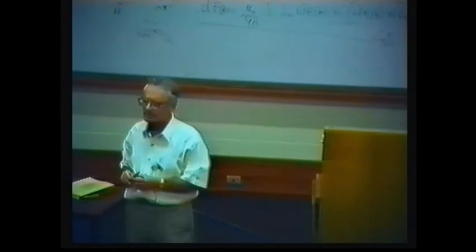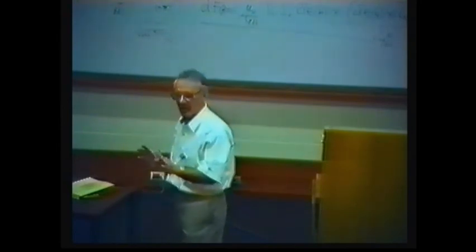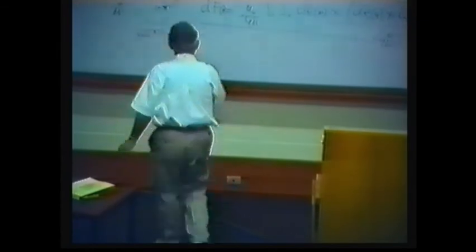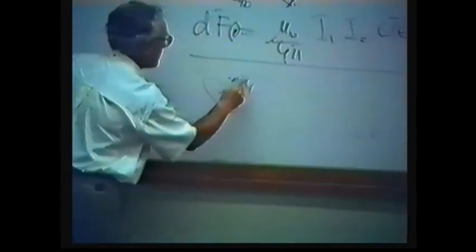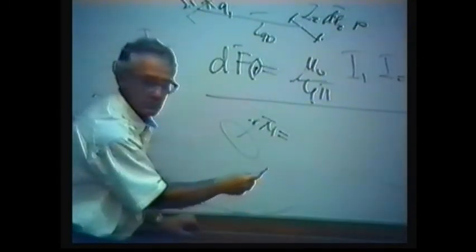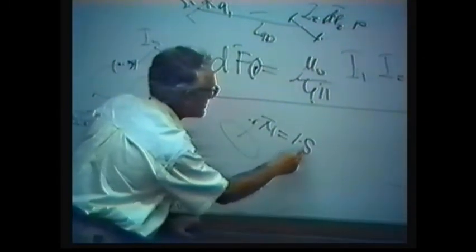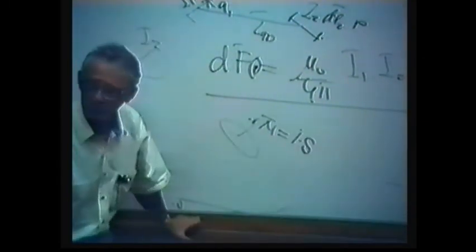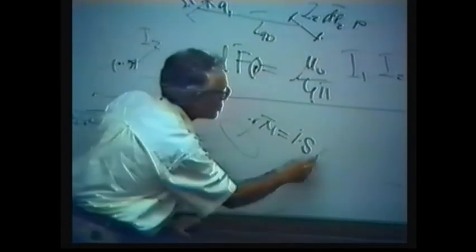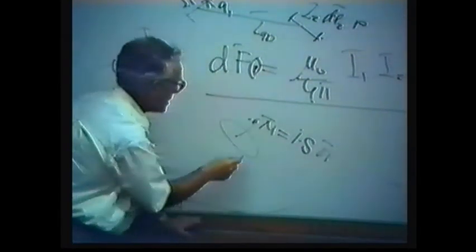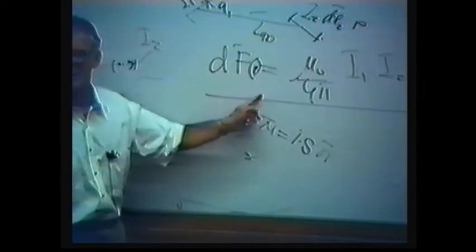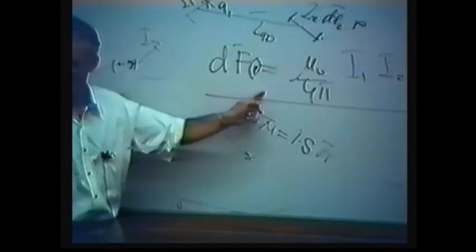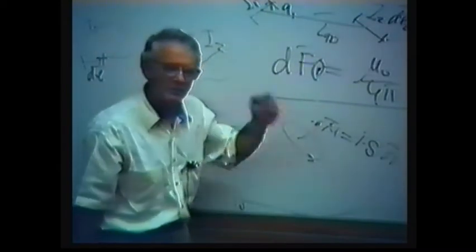Area times the current, very good. Moment, M, equals current times area. True? And it's not bad to put the unit vector up if current goes counterclockwise. That's the iron rule. That's magnetic dipole.